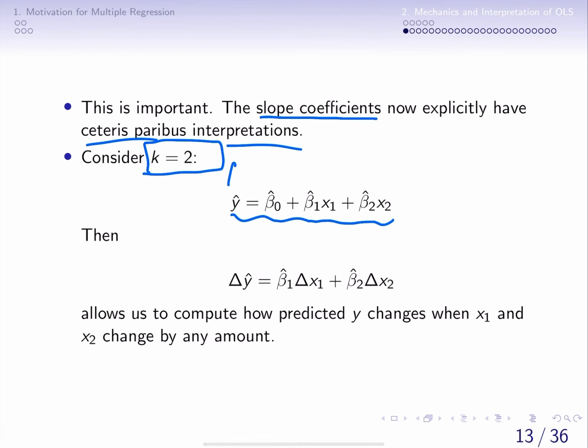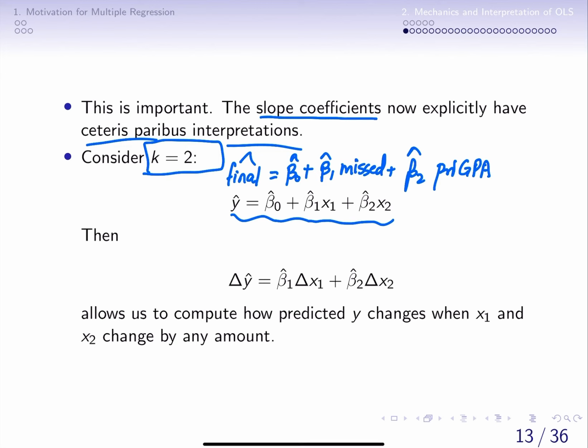So let's say this was final, you are trying to predict the final score based on your model, and this is beta naught hat plus beta 1 hat missed lectures plus beta 2 hat prior GPA. We can then say that the change in y hat can be written out as beta 1 hat times change in x1 plus beta 2 hat times change in x2, okay?